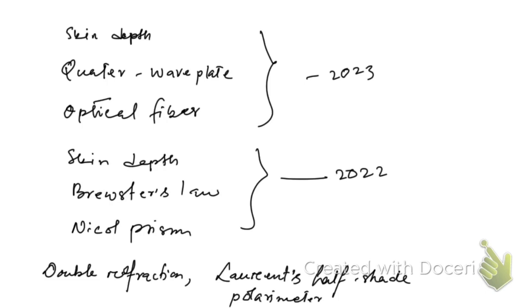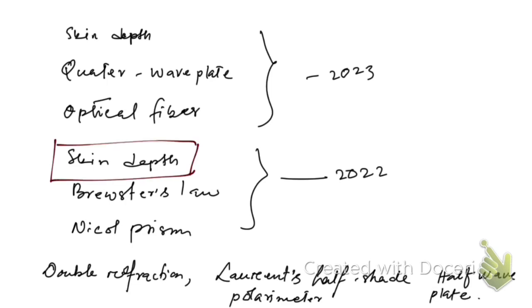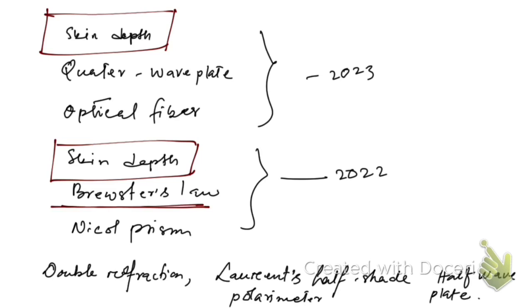Then you have half-wave plate. Now you see, this is repeated as short notes. Now Brewster's law, you need to write short notes on this topic. This was asked in 2022.